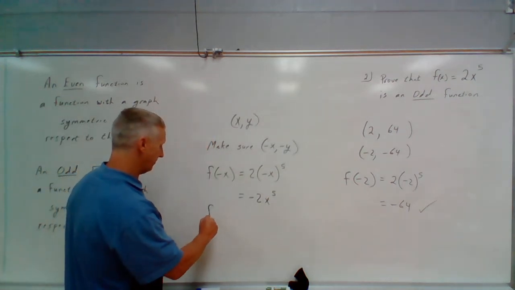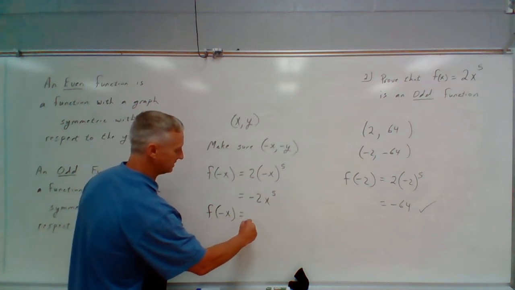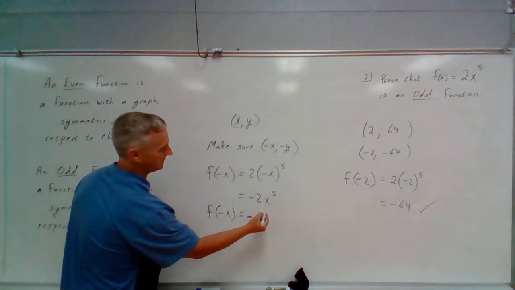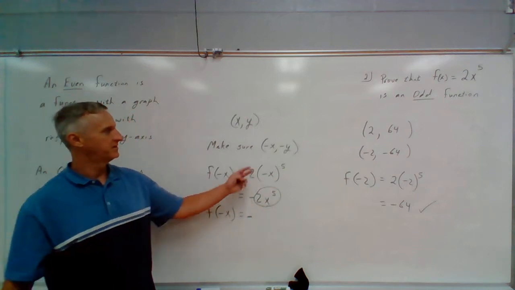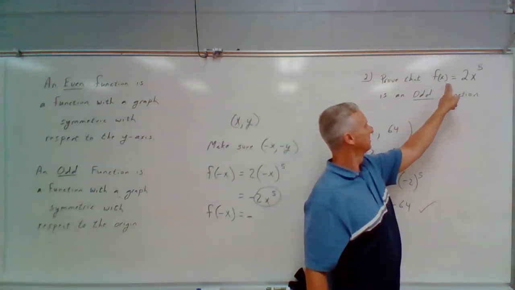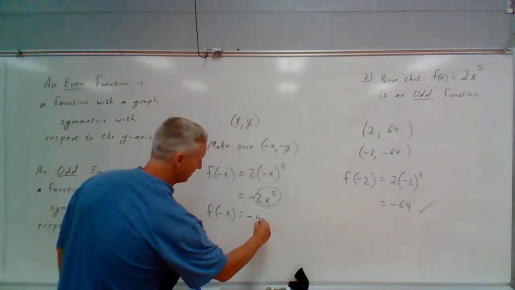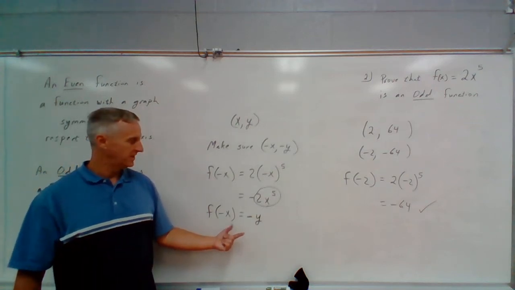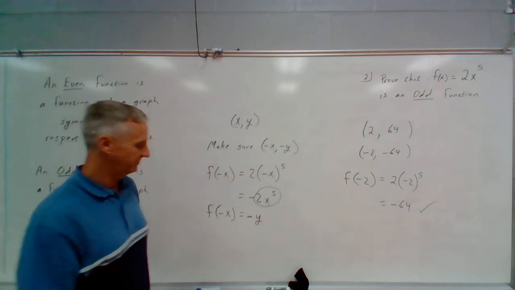And so we have f of negative x is equal to negative, and notice that this right here, the 2x to the 5th, was what y originally was. So y is equal to 2x to the 5th, so f of negative x is equal to negative y, which means that the point (negative x, negative y) has to be on the graph, and we proved it.